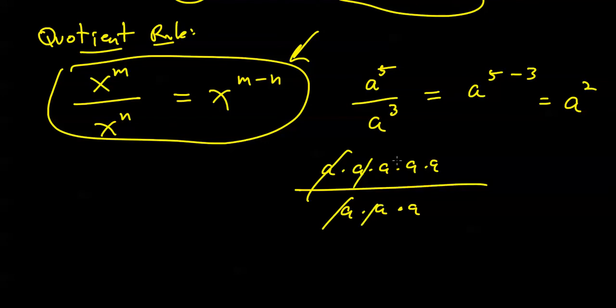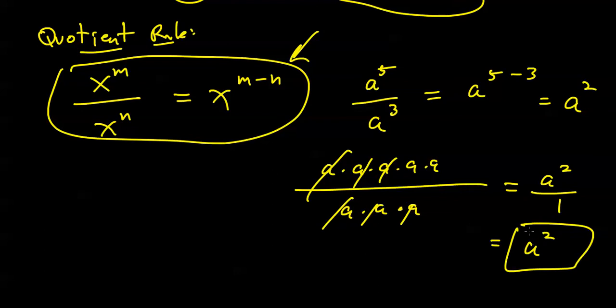We can clearly see that 3 factors of a in the denominator will cancel out with all but 2 factors of a in the numerator, and I'll get a times a, which is a squared in the numerator, over 1 in my denominator, and of course a divisor of 1 is redundant, so I would finally say this is a squared.